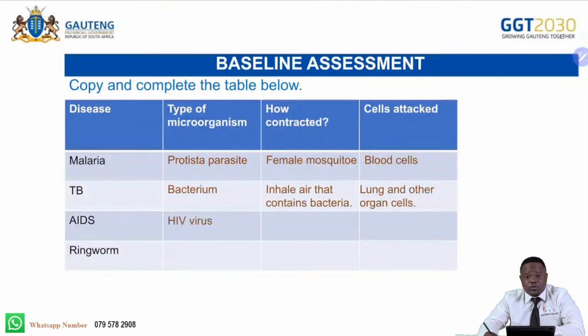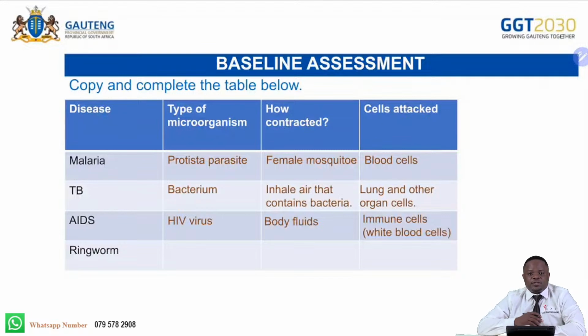How is it contracted? It is contracted through body fluids. It is largely transmitted through contact with affected blood, blood that contains the HIV virus. The cells that are attacked are the body defense cells, white blood cells, the immune system cells. The virus actually destroys cells that protect the body from infection.